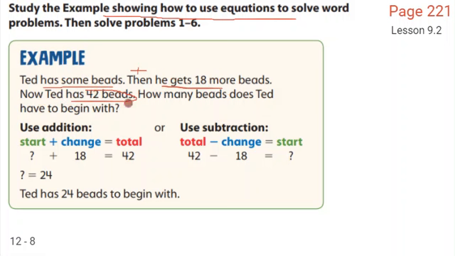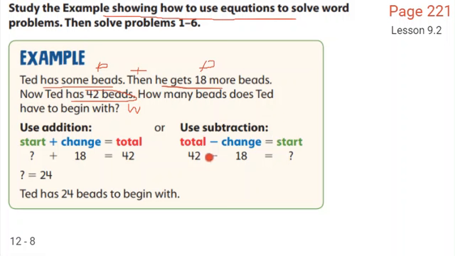So that's the whole. He has some, that's a part, plus a part, right? And there's a whole. So the total is the whole, so 42. He started out with some, he added some more, and it equals 42, right? Or you can use subtraction.